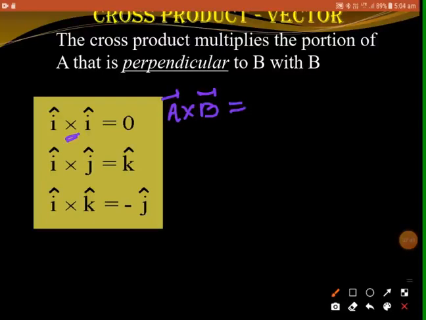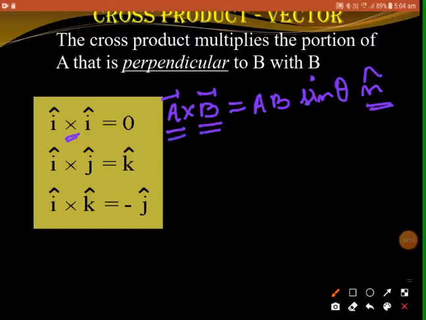This will be equal to the product of the magnitude of the first vector, that is a, the magnitude of the second vector b, the sine of the smaller angle between them, and another vector n cap, where n cap is a unit vector perpendicular to both a vector and b vector.